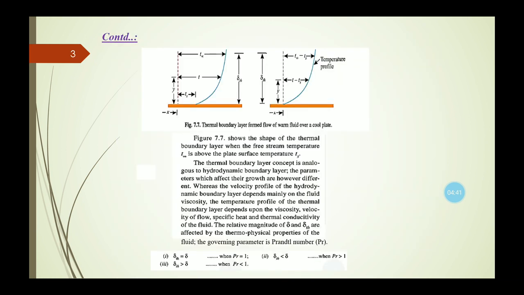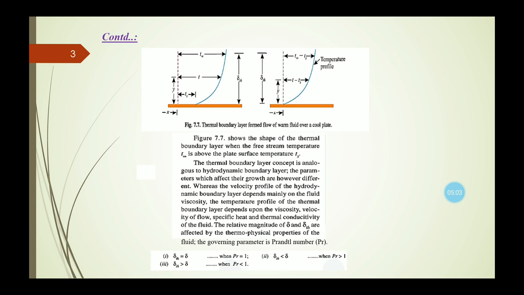Now in this figure 7.7 you can see the thermal boundary layer formed by flow of warm fluid over a cool plate. So this is just the opposite of the consideration in Figure 7.6. There the plate was warm and the fluid which was flowing over the plate was cooler.